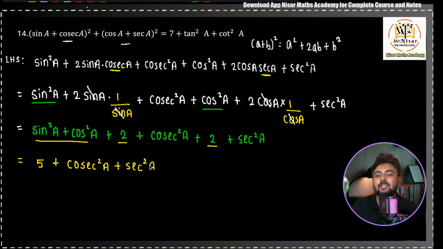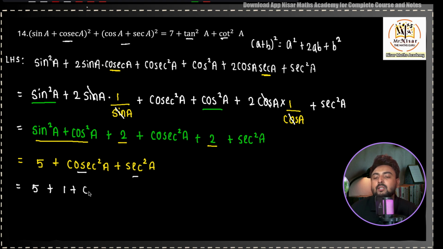Now how to proceed? Very interesting question, no? So 5 we got, we need to convert it into 7. Now children, see, the steps are in front of us. Cosec is there, we need to convert it into cot. Sec is there, we need to convert it into tan. What is the relation? Come on, say. How to convert cosec into cot? Yes, cosec square theta means 1 plus cot square theta.